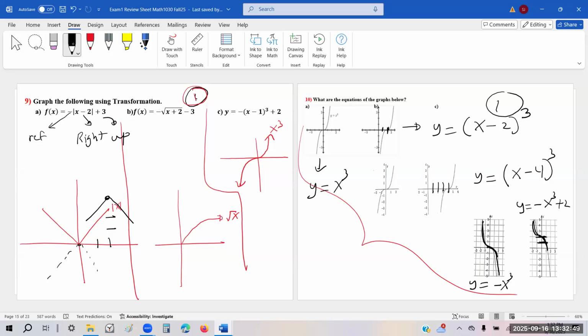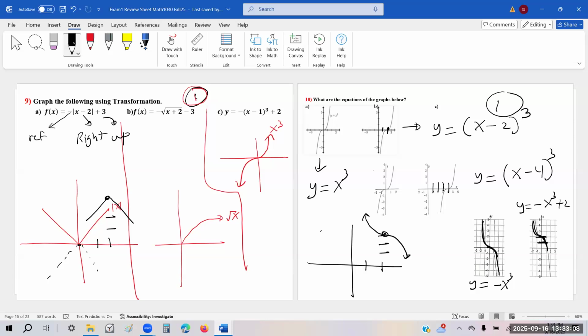But guess what? In the exam, I'm not going to give you a single left, right, or single up, down. I'm going to give you a combination. 1, 2, 3, 4, 5 here.